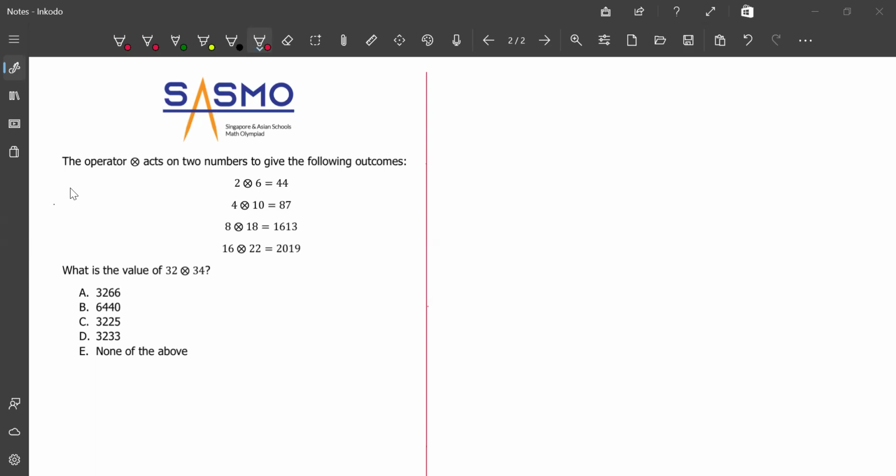This operator is called a tensor. The operator tensor acts on two numbers to give the following outcome.